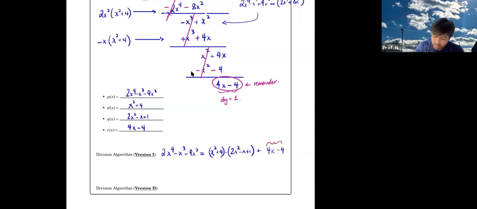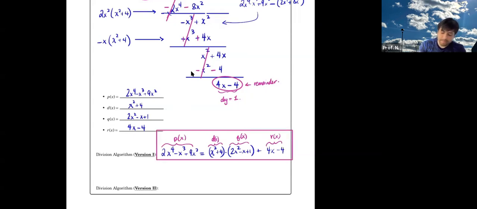This here is the R of x, this is the Q of x, this is the D of x, and this is the P of x. So that's our first version of the division algorithm.